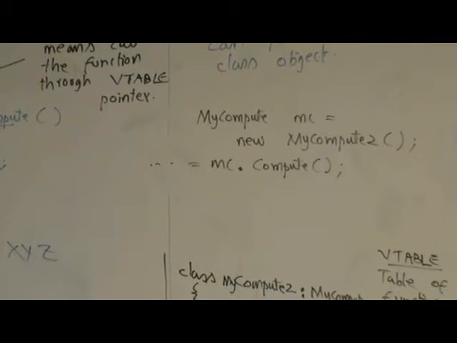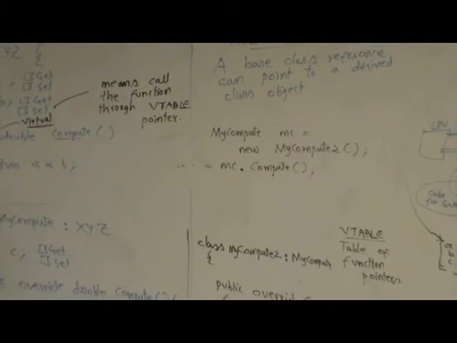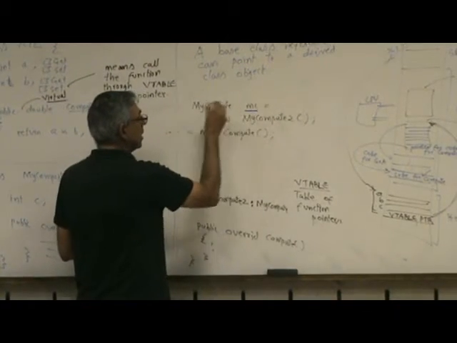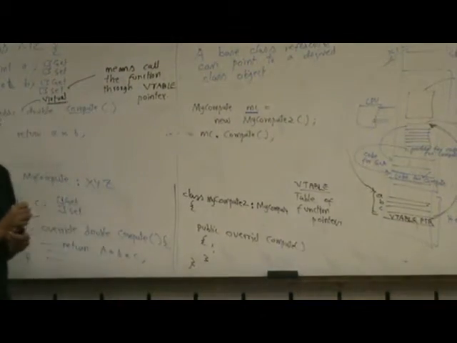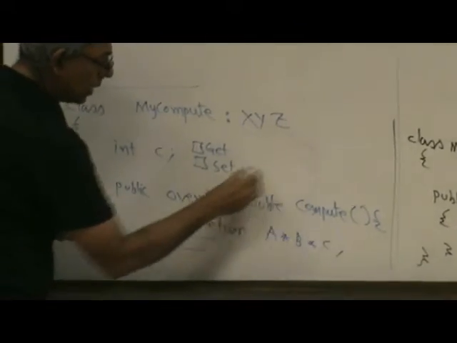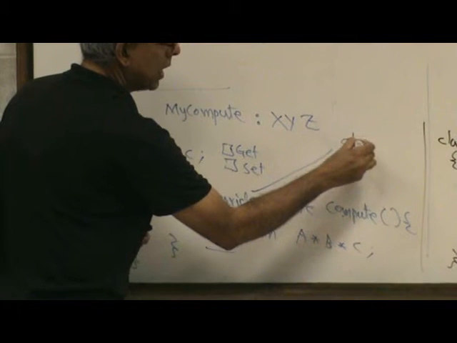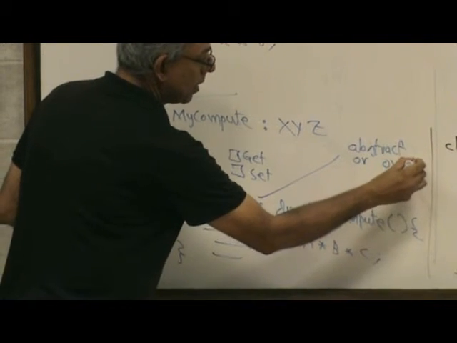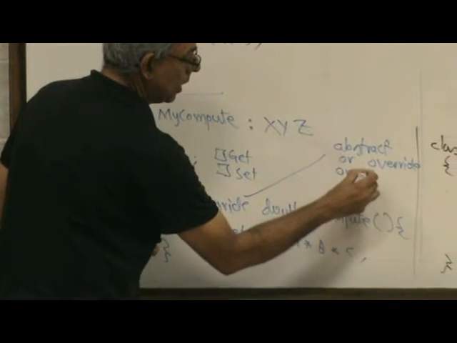Okay, so again, the way the computer will resolve this is, it will check what type is MC. MC is MyCompute. So we'll go to MyCompute and check, is this marked either as abstract or override or virtual?